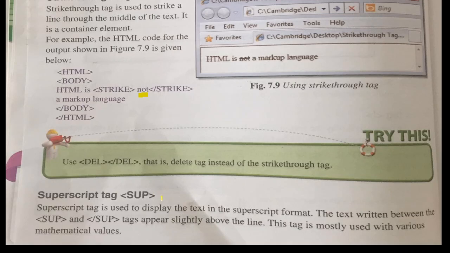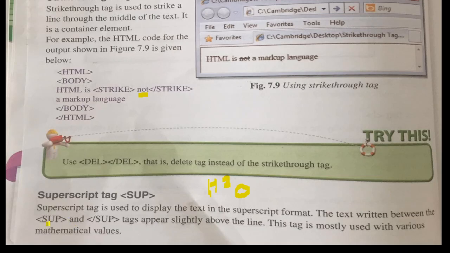The superscript tag is used to display the text in a superscript format. So if you have the word H2O, if you want to write this H2O, you can superscript the number 2.